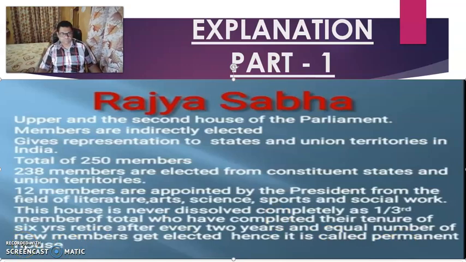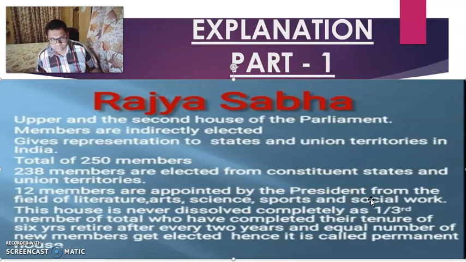What is the composition of the Rajya Sabha? Total of 250 members, out of which 238 are from the constituent states and union territories, and 12 members are nominated by the President from the various fields of literature, arts, science, social work.